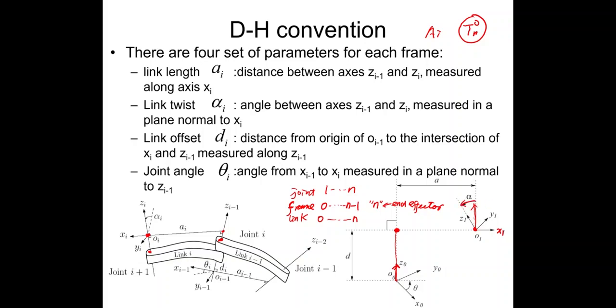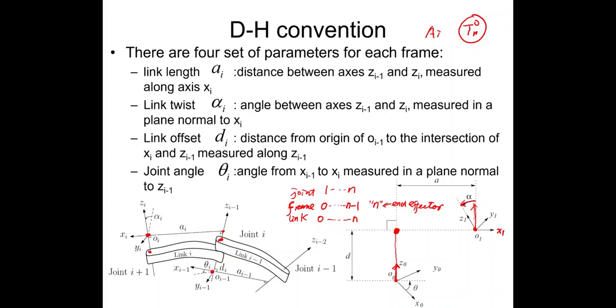Okay, and what is di? Di means the distance from the origin O0 to the intersection of xi and zi minus 1. In this case, that is z0 and x1. Okay, so this is my intersection, and from my Oi minus 1, in this case O0, to the intersection, this is my d.